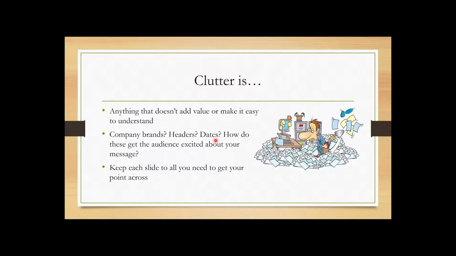In principle, we're saying, do these things really get the audience excited about the message? Maybe the company brand or an important header needs to go into earlier slides, but not throughout the presentation because they distract. So keep each slide to all that you need to get your point across.